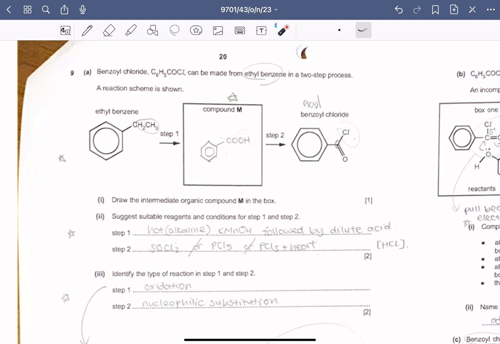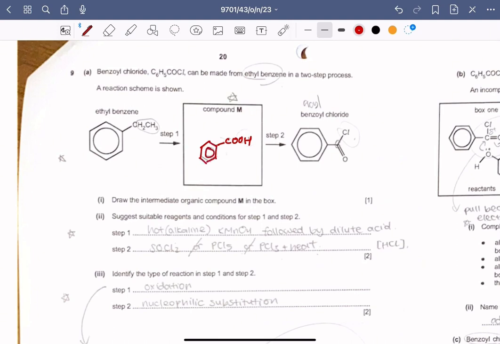And no matter what this group is, it cannot form CH2COOH. It will always form benzoic acid. Benzoic acid is only bonded to COOH immediately from the benzene structure.